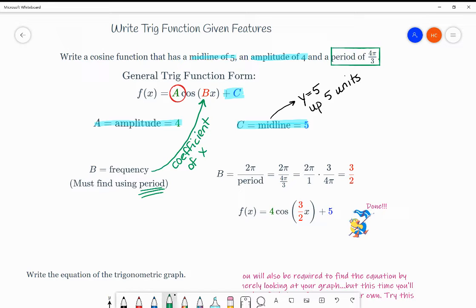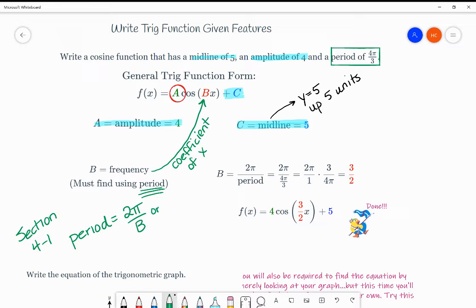Now, in section 4.1, we were introduced with the fact that in order to find our period, all we had to do was take 2 pi and divide it by our b, being our frequency, okay?